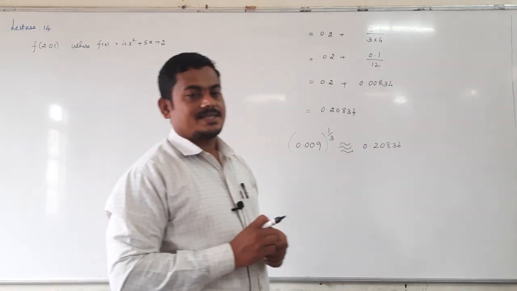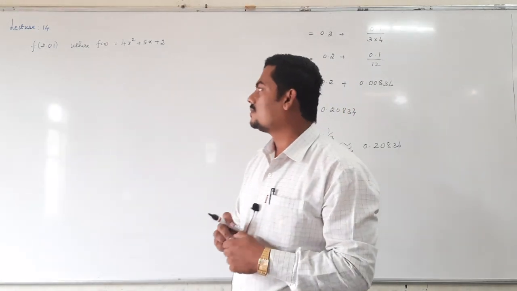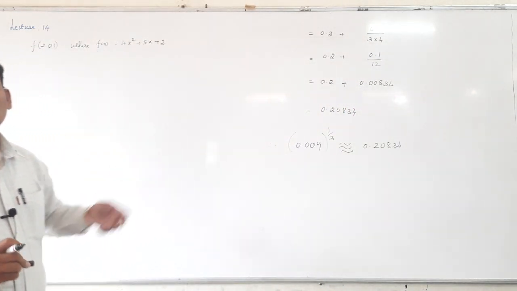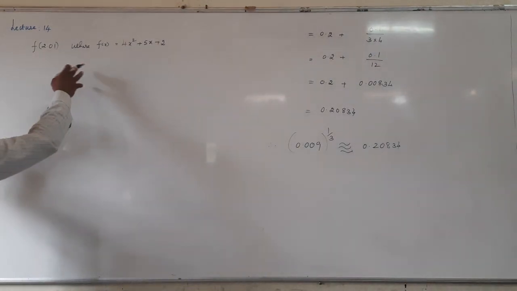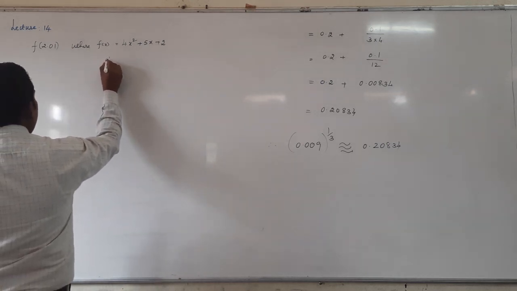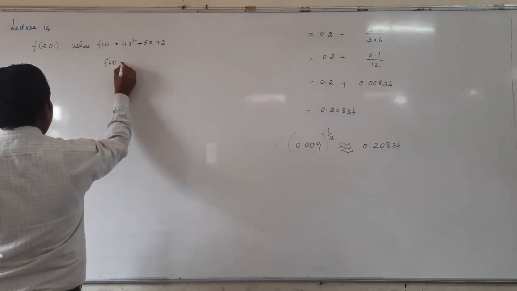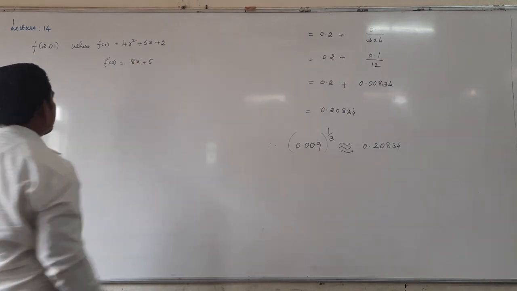Using differentials means using application of derivative. Don't put x value 2.01. By using derivative. In this case f of x is already given. Just write its derivative. What is our f dash x here? F dash x will be 8x plus 5 only.